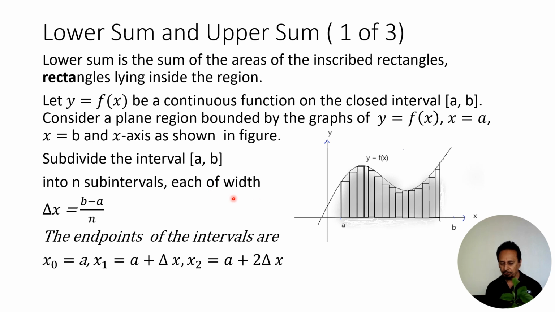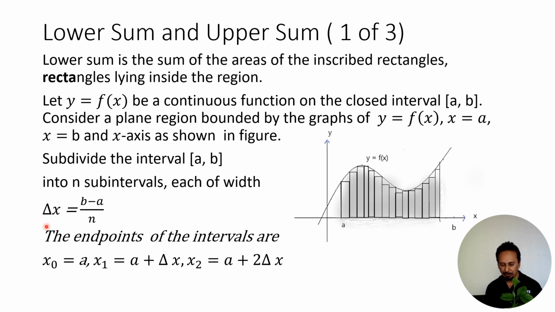So we're going to subdivide this into rectangles, find the area of each rectangle, and then add all those areas, and that will be the area under this curve. As you notice, there is a space left over. So the area we find will not be the actual area. It will be smaller than the actual area.